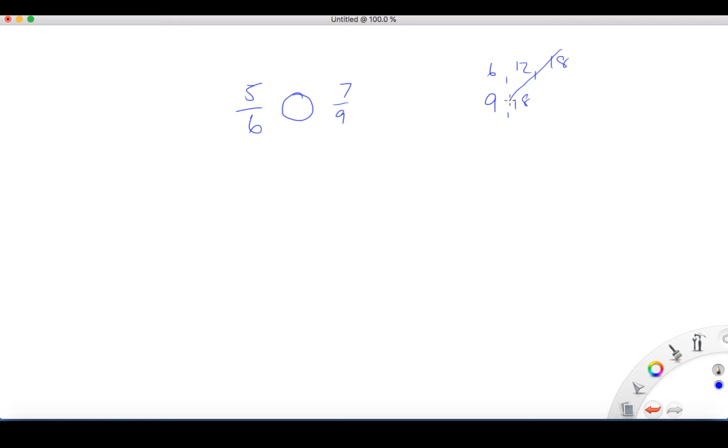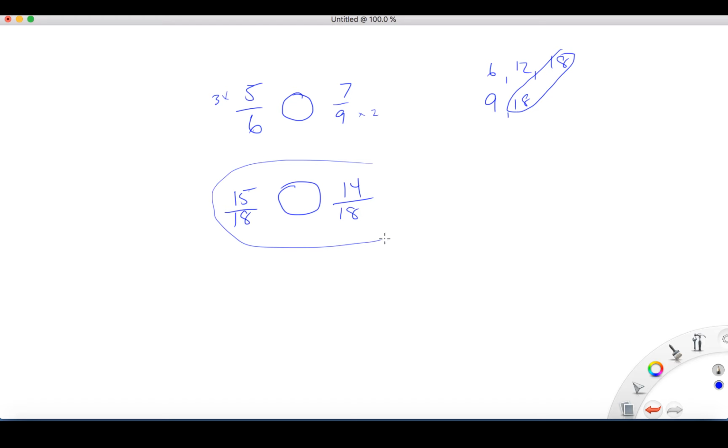Oh, there it is. So if the common denominator is 18, let's rewrite them with 18. What times 6 equals 18? We know that's 3. So 3 times 5 is 15. We know that 2 times 9 equals 18, so 2 times 7 is 14.